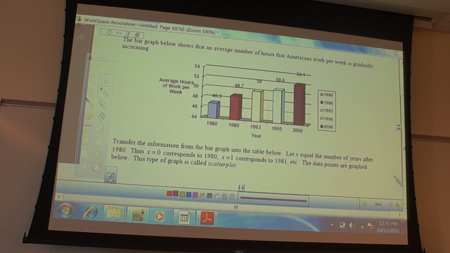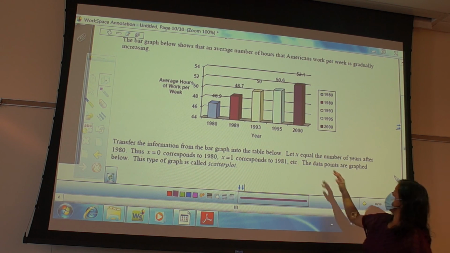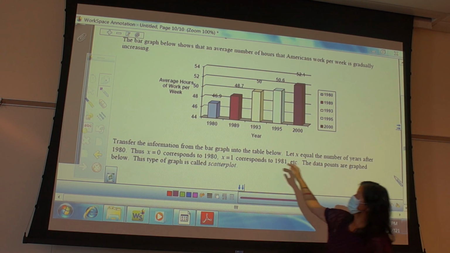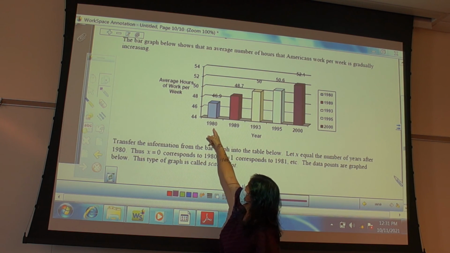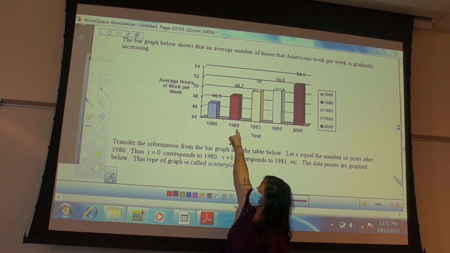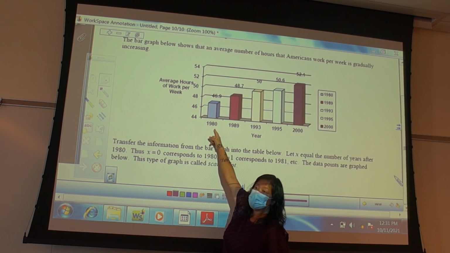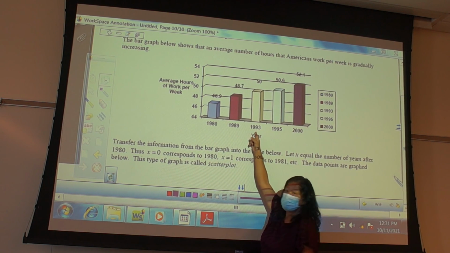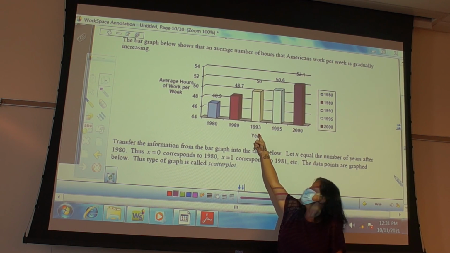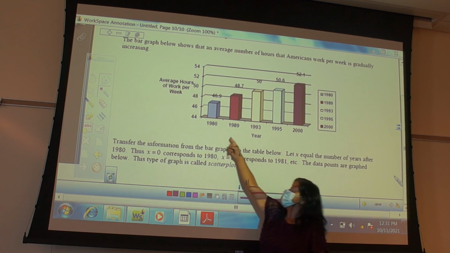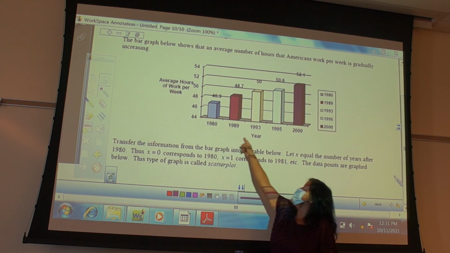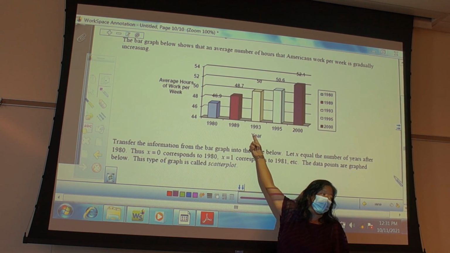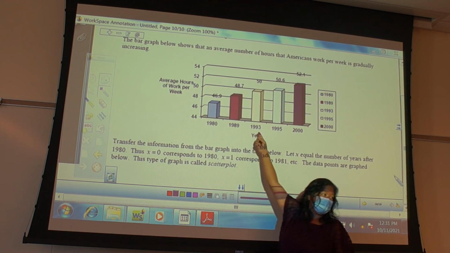So we're going to transfer that information from the bar graph to the table below. X is the number of years after 1980. So in other words, this is 0. What would this be? 9. Everyone with me? What's this one? 13. So 1980 is 0, and for 1993, subtract 1980, you get 13.